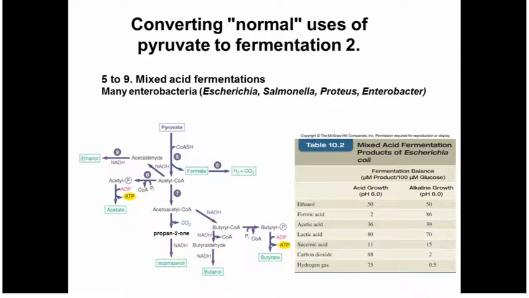Okay, what is the consequence of all this? One of the consequences is the formation of methane by ruminants, cattle. Another one of the consequences here is the formation of some amounts of ethanol by normal gut bacteria.